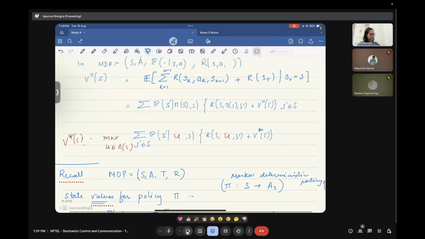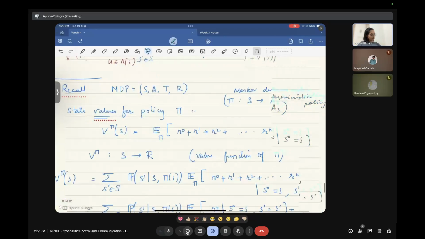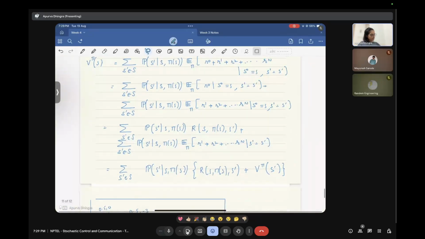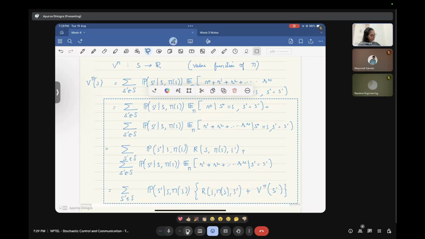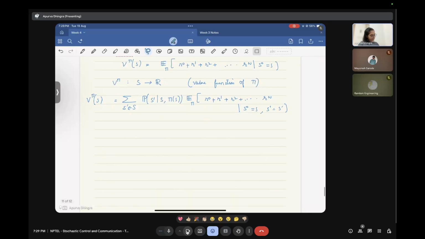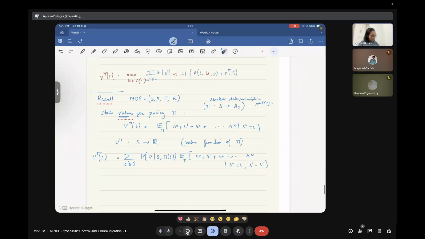Alright, so if you were to write down this value function V of pi, let's do this. I'll get rid of all this and start again. Okay, so we can write our value function in this form also.